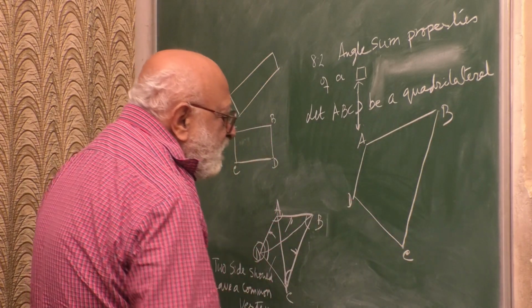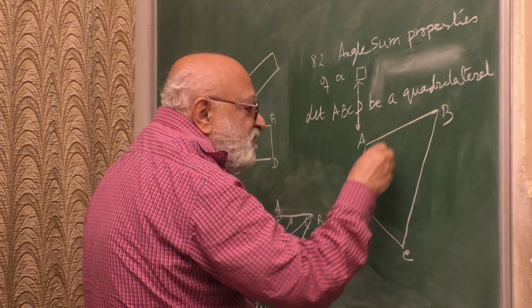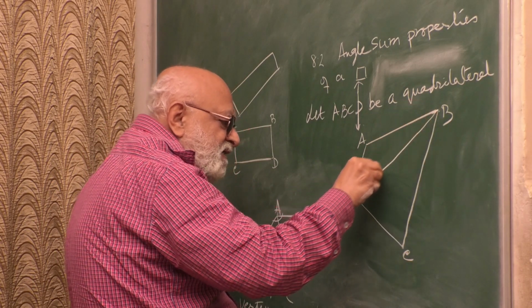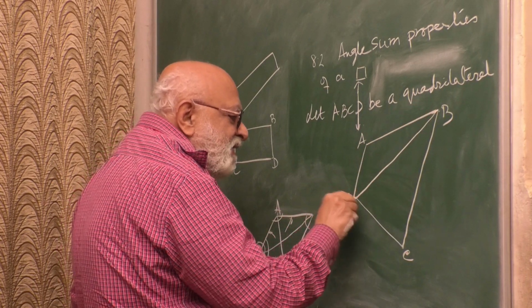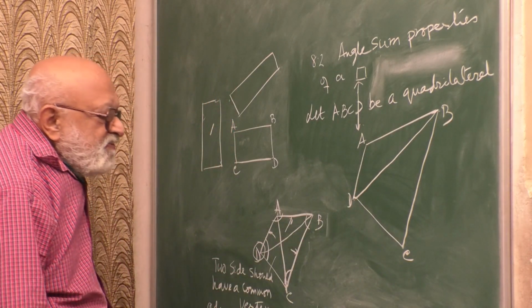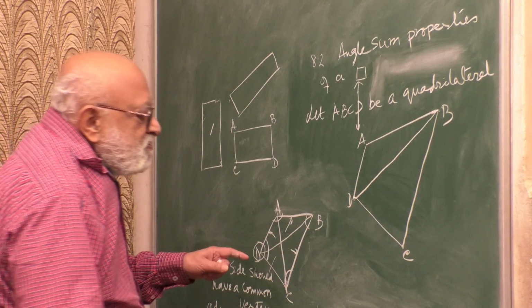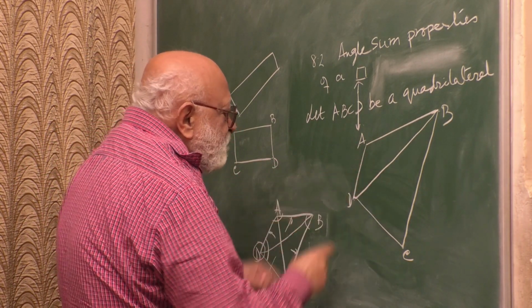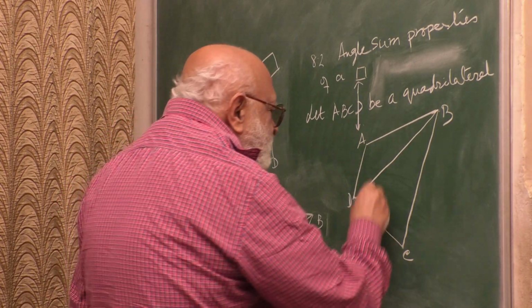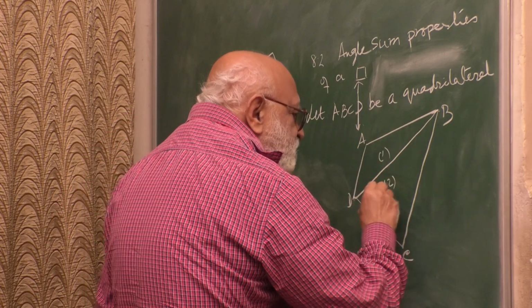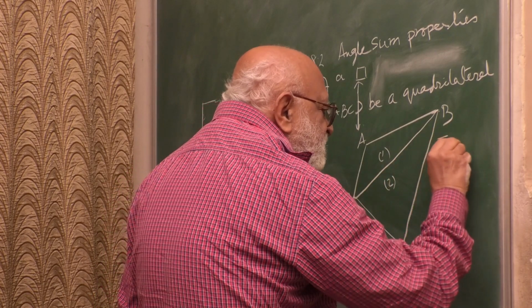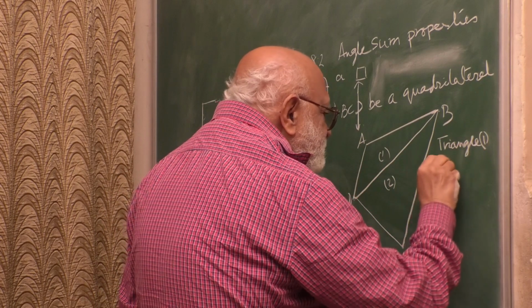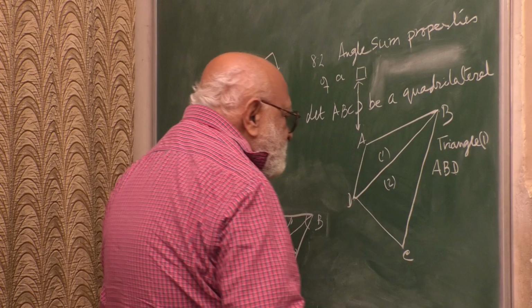What do I have to do? As I have said earlier in one of my videos, you can split a quadrilateral into two triangles. I have shown that many polygons can always be converted into triangles. So let us now take the properties of the triangle. It's triangle 1 and triangle 2. Triangle 1 is ABD.